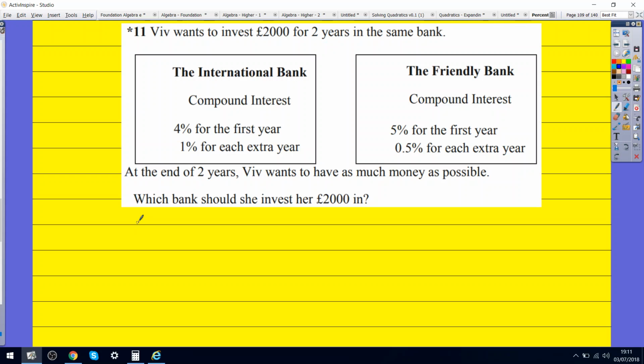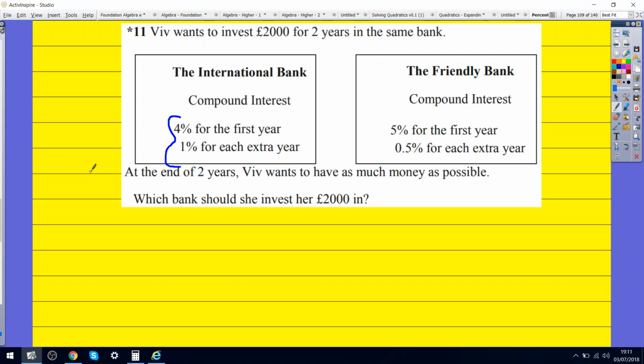So it was 4% for the first year, and then 1% for every year after that. So that would be 1.04 times 2,000, and then plus 1.01 times 2,000.